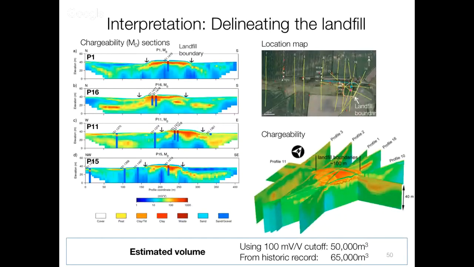But 100 millivolts per volt is a pretty serious chargeability, and it has a nice definition there. So it might be that for a lot of these waste dump problems, that might be sufficient, but there's a lot of data out here, and it's interesting to see what that can tell you.